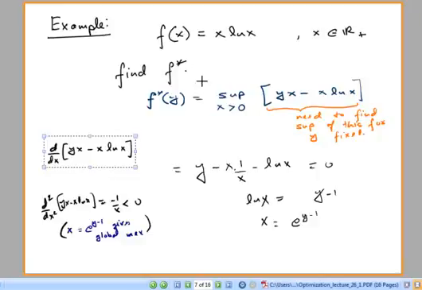And you can see what's happening at x. What happens as x goes to 0? You know the limit as x goes to 0. I think that is 0.